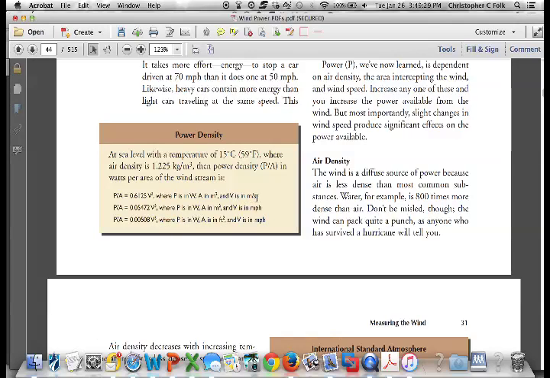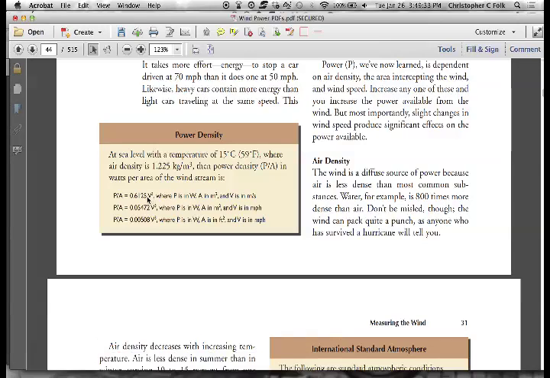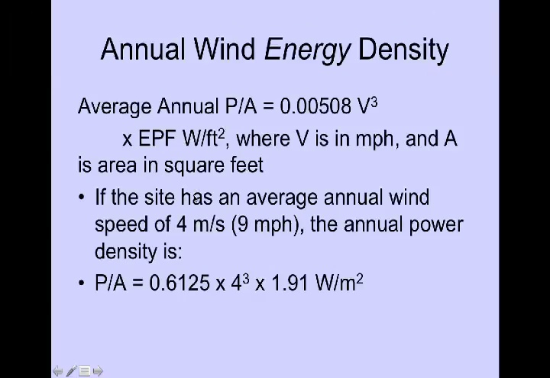If I wanted to measure it in meters per second, then I would use the 0.6125. So back to the PowerPoint. Aha, if the average annual wind speed is 4 meters per second, then I have to use the 0.6125 times the velocity cubed, that would be 4 cubed, 4 times 4 times 4, times the energy pattern factor, and lastly that's going to come up to be 75 watts per square meter of rotor, right? Per square meter of rotor.